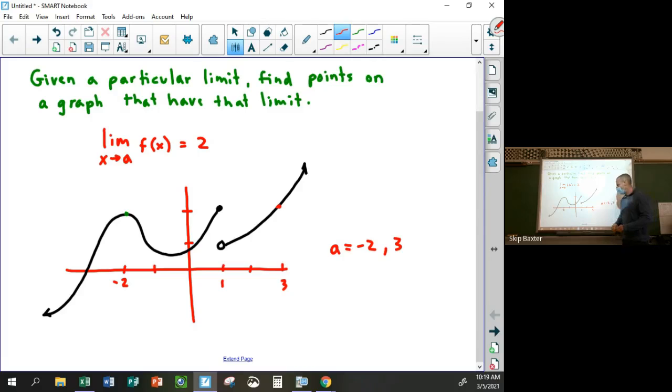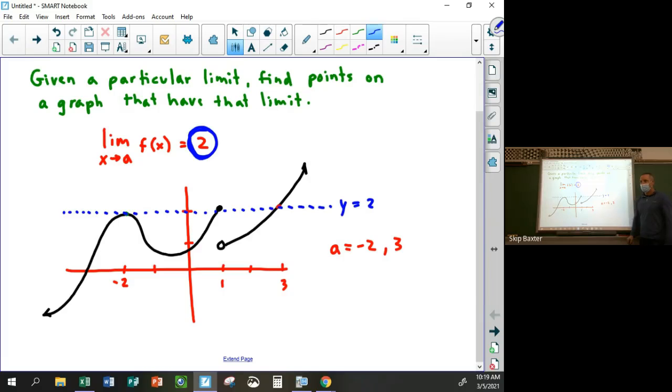Your strategy should be to picture an imaginary dotted horizontal line at whatever this number is. So y equals 2 in this case. The potential candidates for a values are where the actual curve intersects this dotted line.